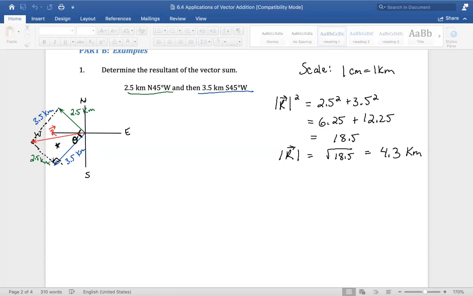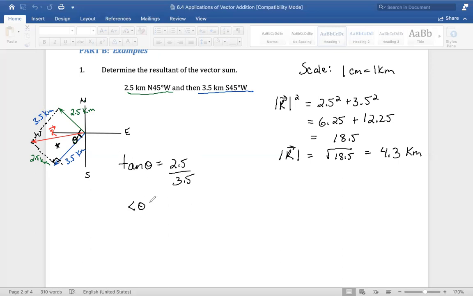So using the 2.5 compared to my theta is opposite, and the blue vector here is the adjacent. So I'm using opposite and adjacent. So in SOHCAHTOA, that would be tan, right? So tan of theta is equal to opposite, has to be 2.5 on top over 3.5. And I'm getting an angle.